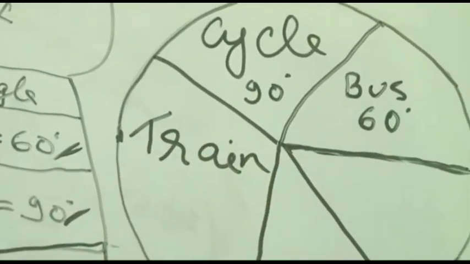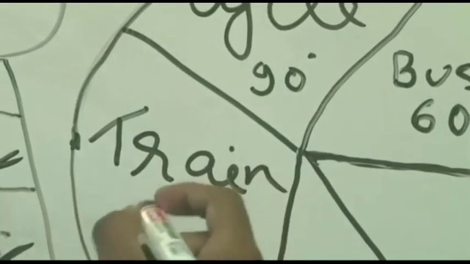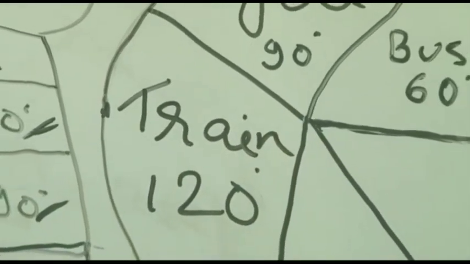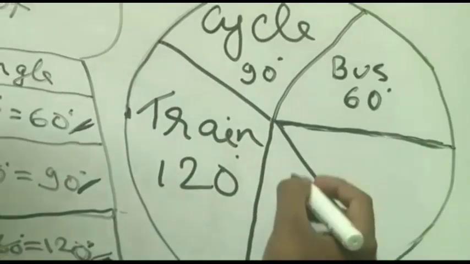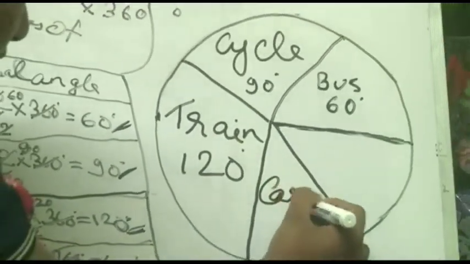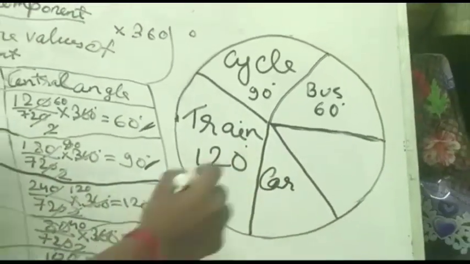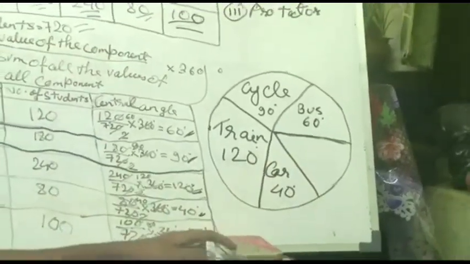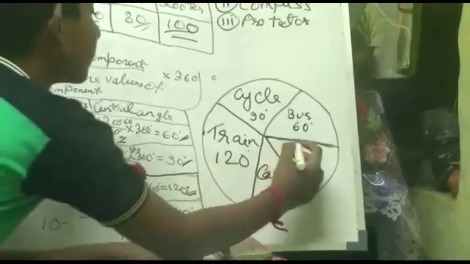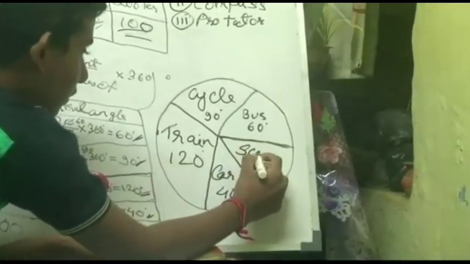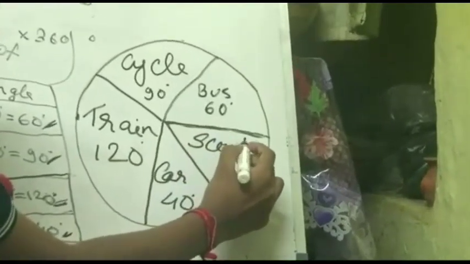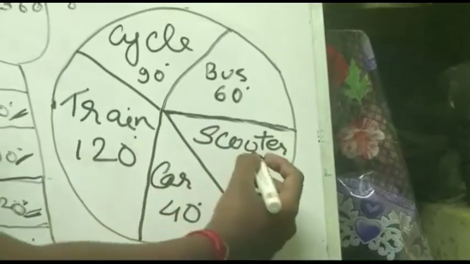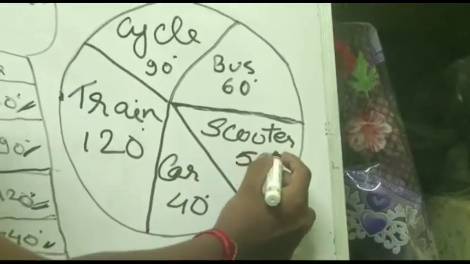Train is 120 degree. And fourth is car. Car how much? 40 degree. And at last is scooter. Scooter how much? 50 degree.